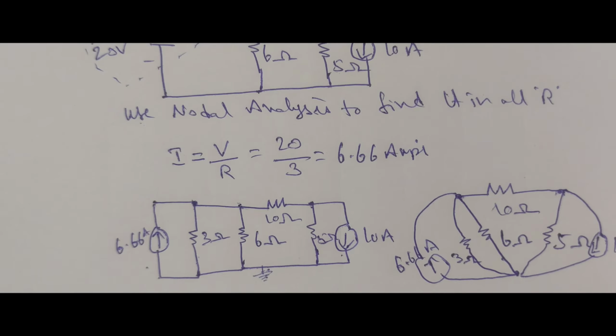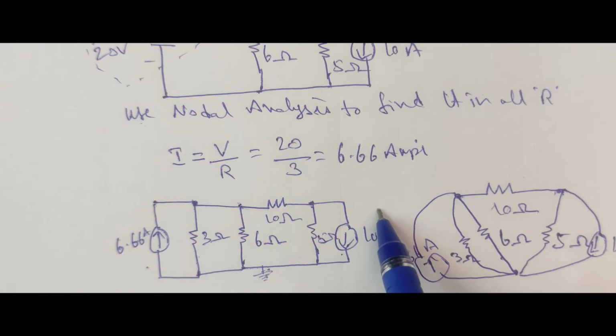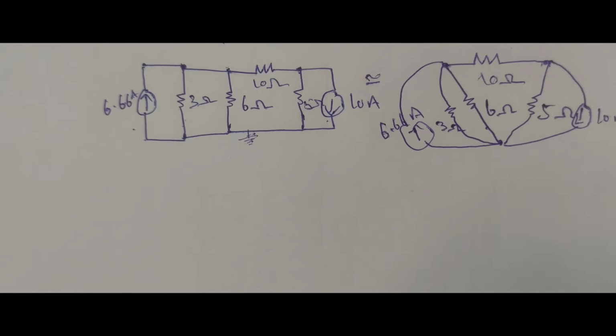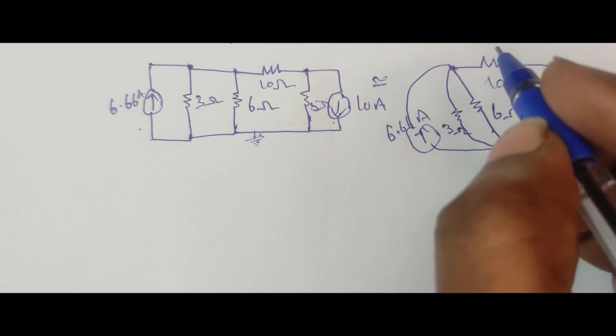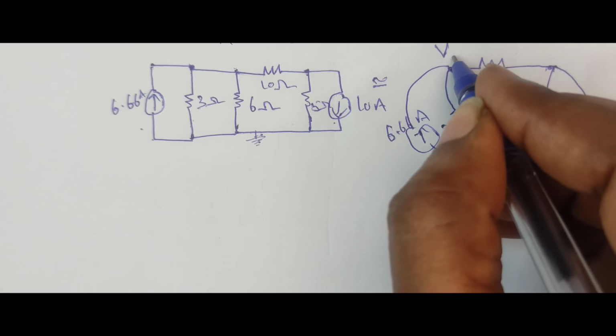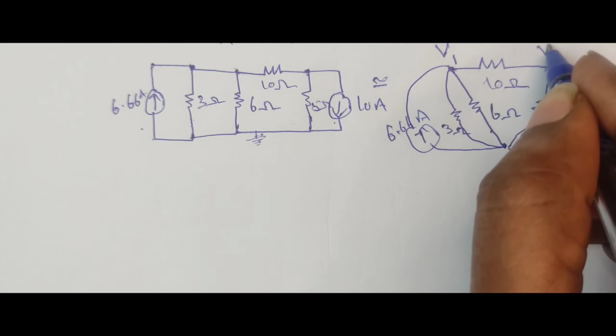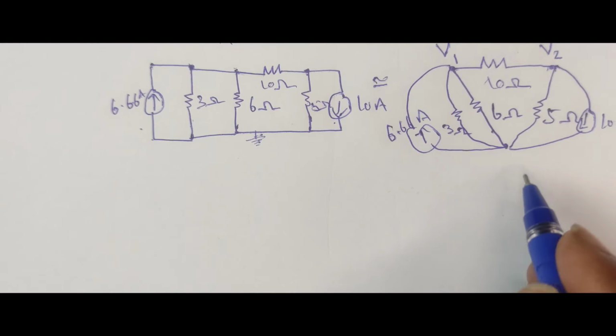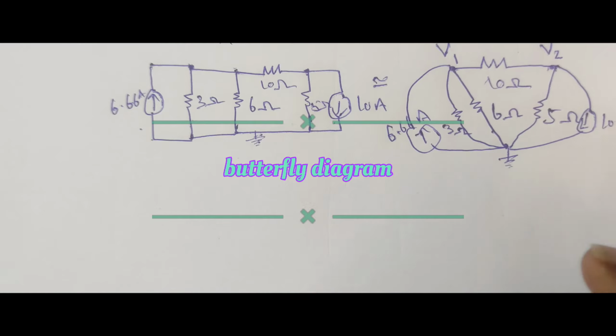I have explained right now how to draw this butterfly diagram. In most cases while applying nodal analysis, after rearranging we will get the diagram in the form of a butterfly. Here we have found two nodes; I am naming the first node voltage V1, and at node 2 the voltage is V2, and this is a reference node.